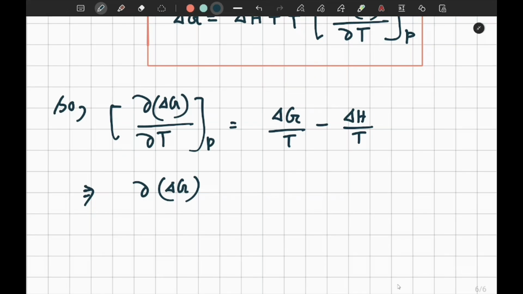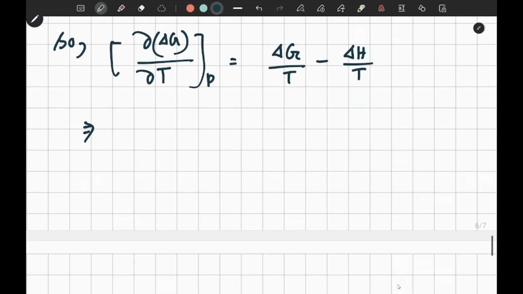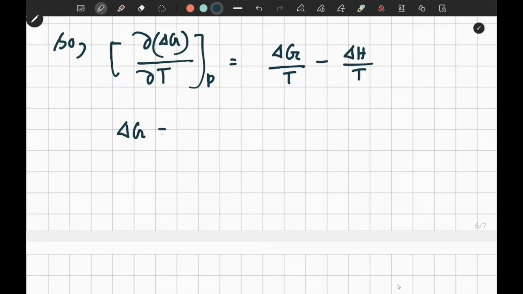Okay, so this one is okay. From here, what can you write? Let me try it. Delta G equals delta H minus T delta S. If the temperature is constant, now until now the temperature was varying, because here the temperature is changing from T to T plus dT.